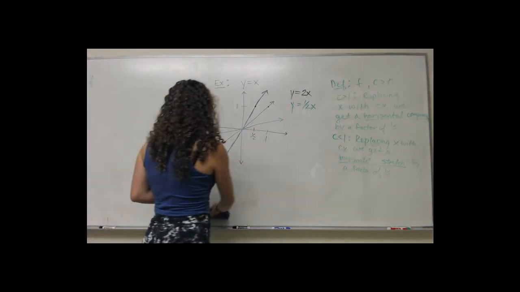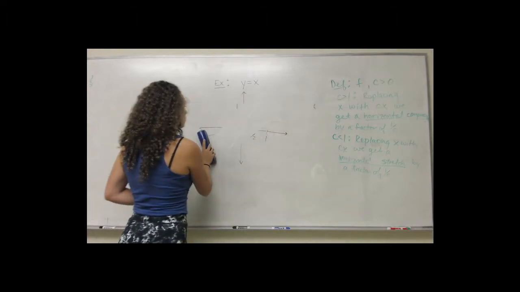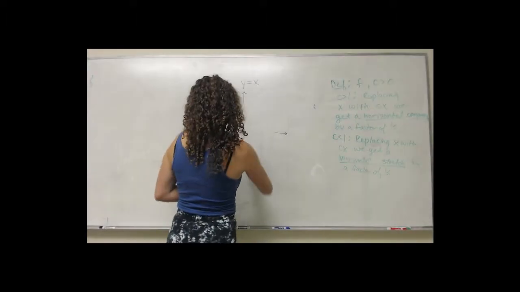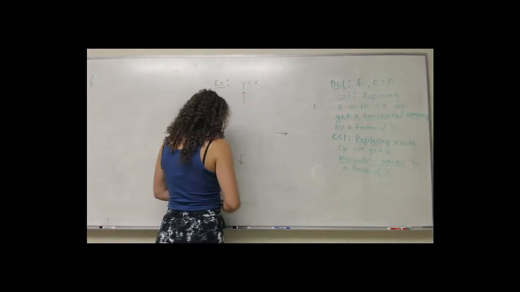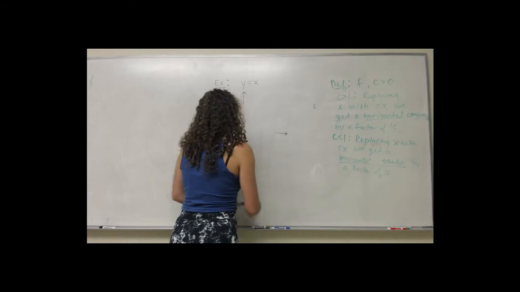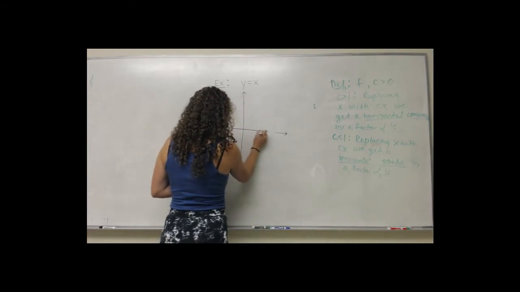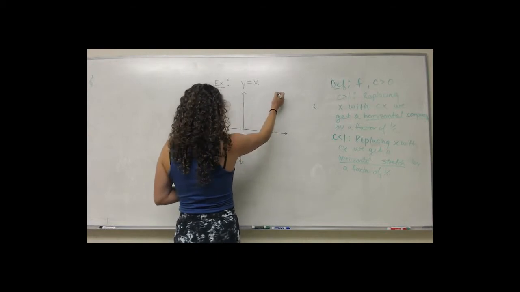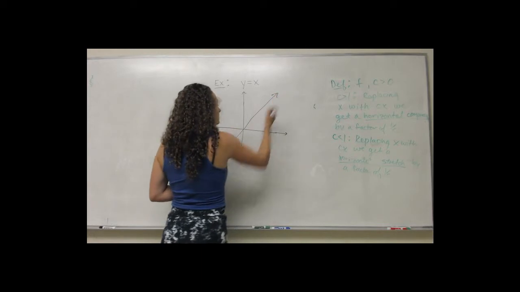Now what about replacing y with factors of cy? Again, let's start with our line y equals x. So there's our line y equals x.